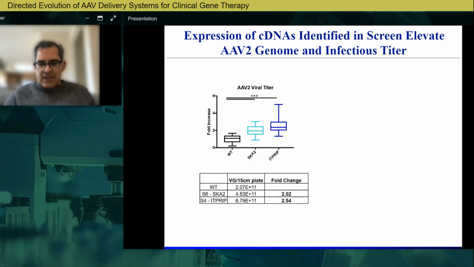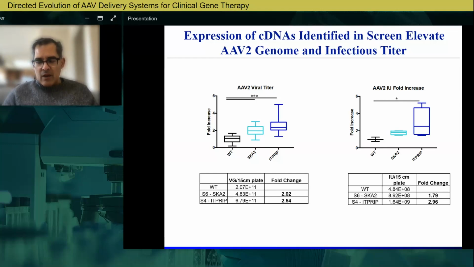So we then tested the impact of these guide RNAs and then ultimately generated stable cell lines overexpressing cDNA and determined the impact on viral production, initially with AAV2. So you can see here, we end up with a 2 to 2.5-fold increase in viral titer. And that is genome titer, but that has a corresponding increase in infectious titer.